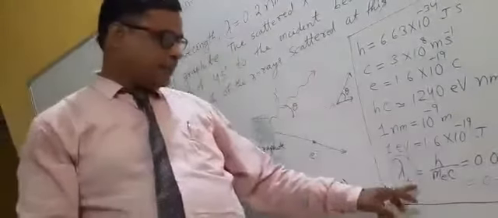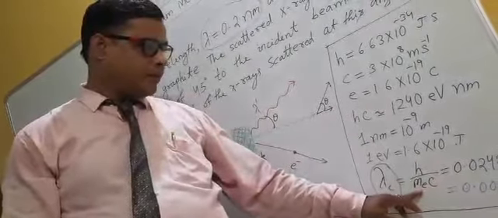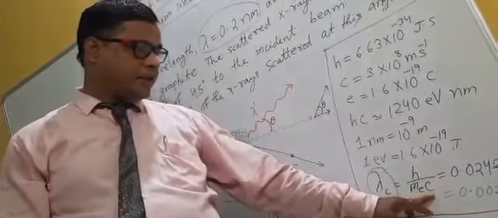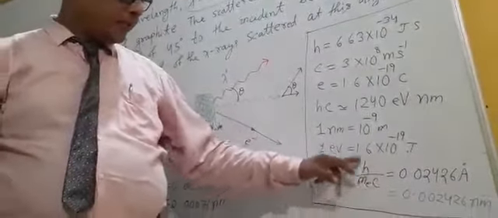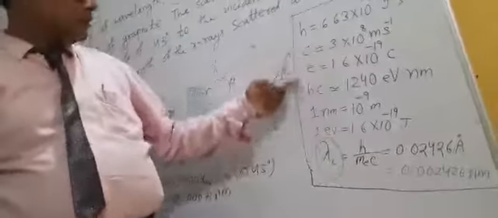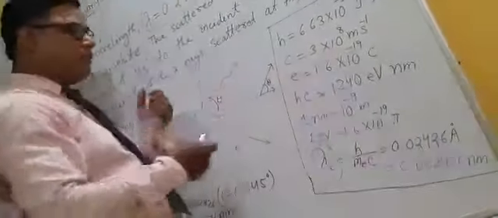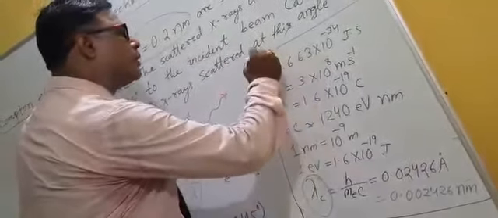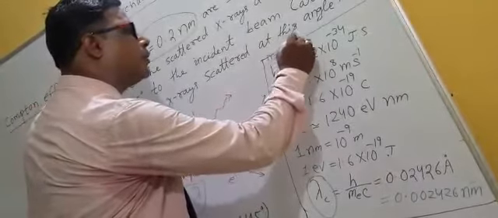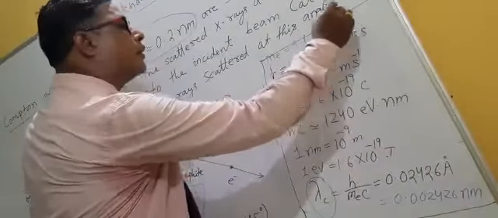Lambda c is given by h by m c, where m is the mass of the electron, c is the speed of light, and h is Planck's constant. The mass of the electron is 9.1 into 10 to the power minus 31 kg.